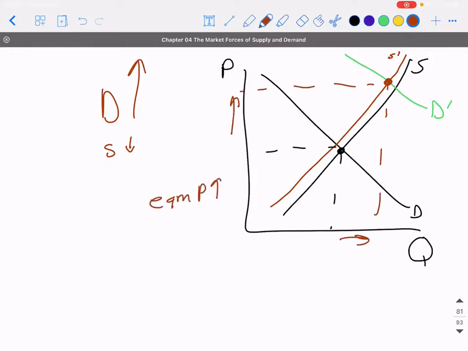Now I can get my equilibrium price to rise and my equilibrium quantity to rise as well.